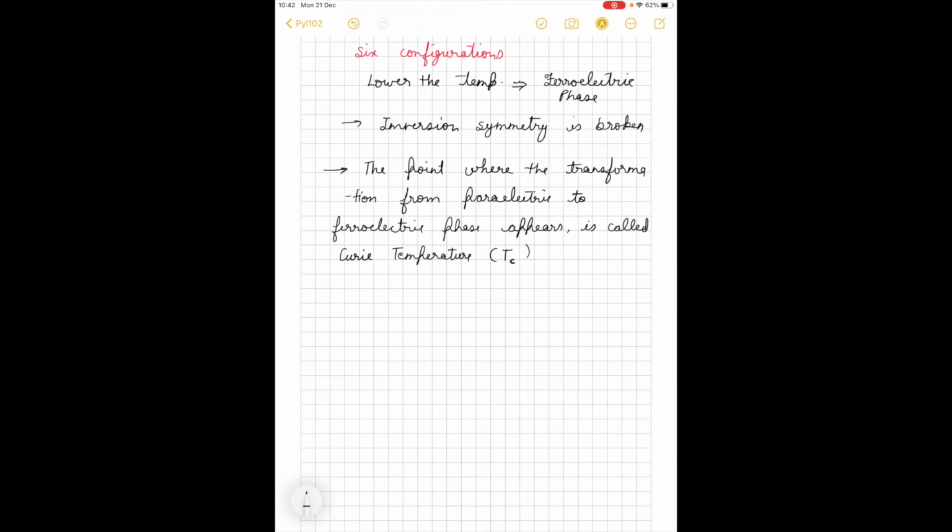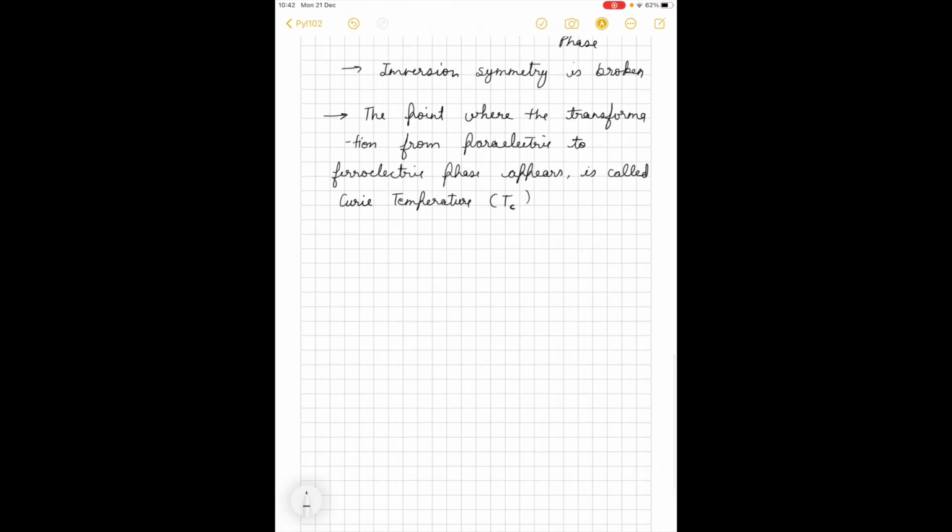For example, barium atom moves in the range of 6 picometer, oxygen moves in the range of 3 picometer, and titanium moves in the range of 11 picometer. So that's why the overall effect is titanium has moved from its equilibrium position along one of the directions. All right. Okay, so that was just a remark.